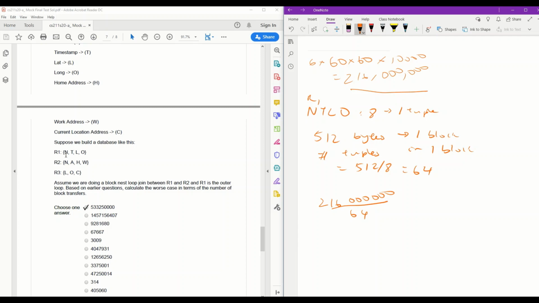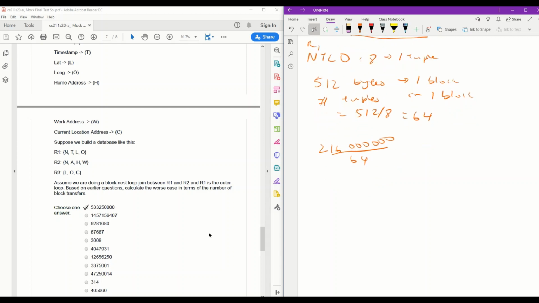I don't know why, when I copied over, R1 became R2 and R2 became R1, and so some of my questions got a bit messed up. The numbers varied a little bit, but fortunately for this question, the screw up wasn't so bad.